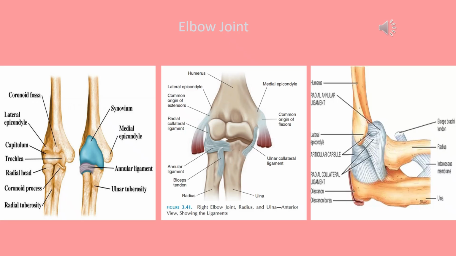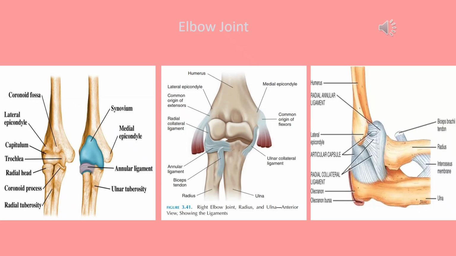But as it is with other joints, the muscles that are attaching at those locations are the principal stabilizers of the joint. In the image on the right, the same structures are shown again: the joint capsule, the annular ligament, the tendon of the biceps brachii attaching at the radial tuberosity is a big time stabilizer.